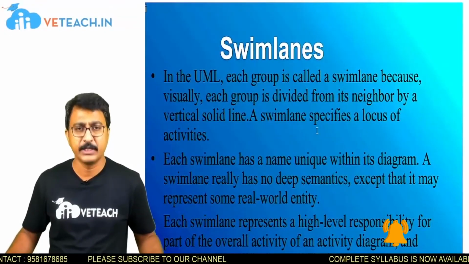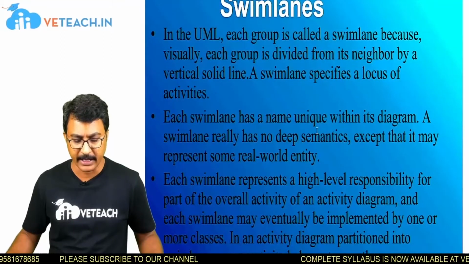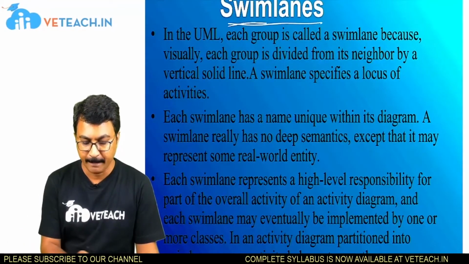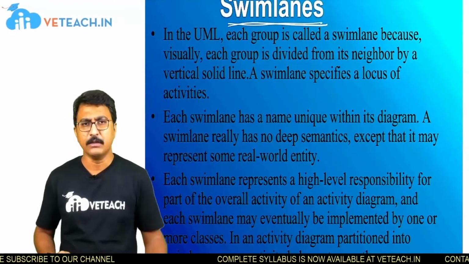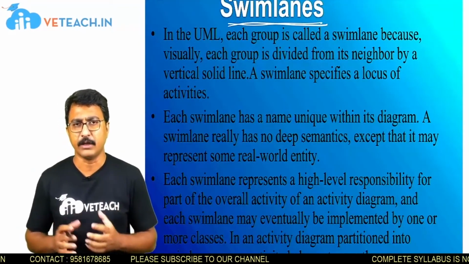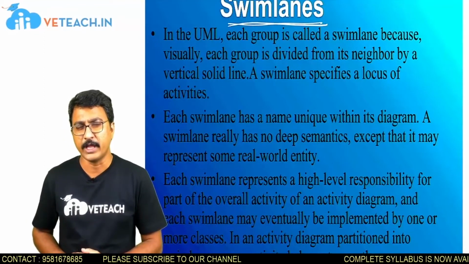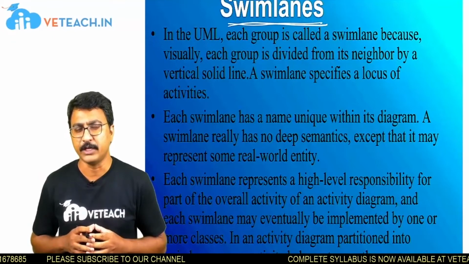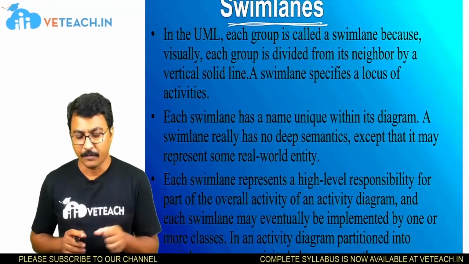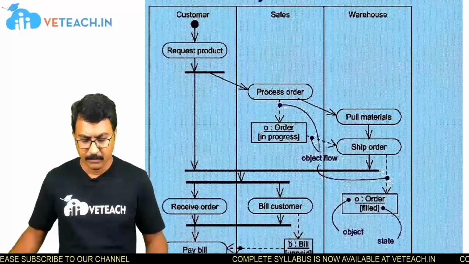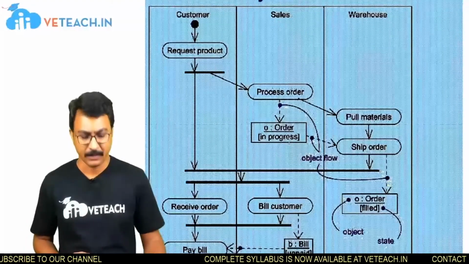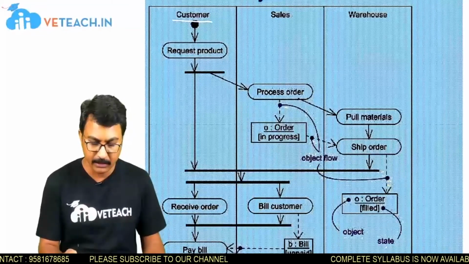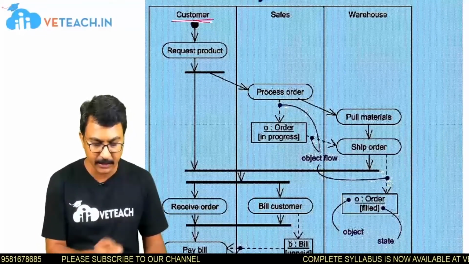Another important property that is applicable over an activity diagram is swim lanes. Sometimes the interactions between these activities and actions are such that a set of activities are grouped together to form a swim lane. See here, there is an example. There is a customer swim lane created.